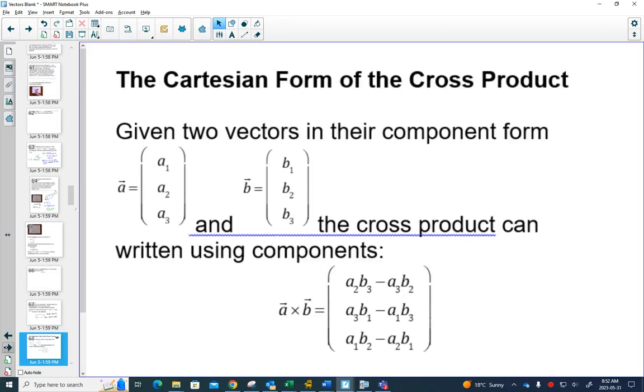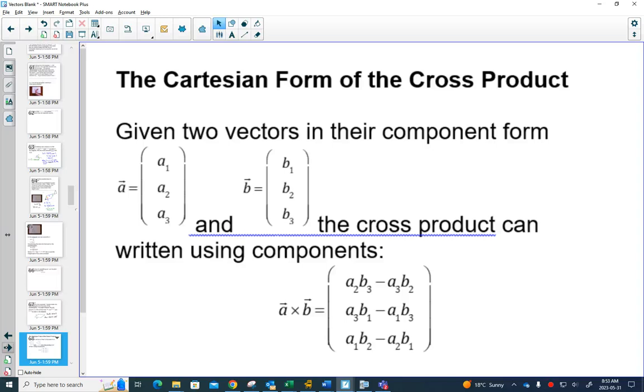Which gets us to the Cartesian form of the cross product, a second formula. And just like the dot product, where things could be calculated quite simply to help us find cos of theta, one of the problems with the initial formula of the cross product is you needed the angle theta and you needed sine of theta.